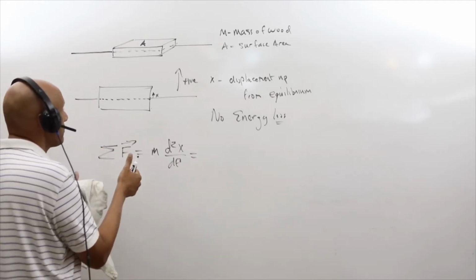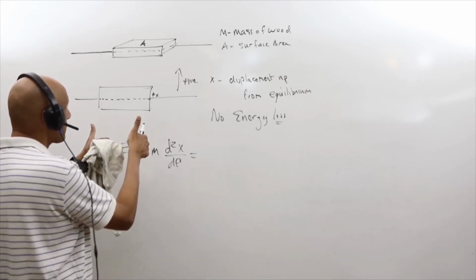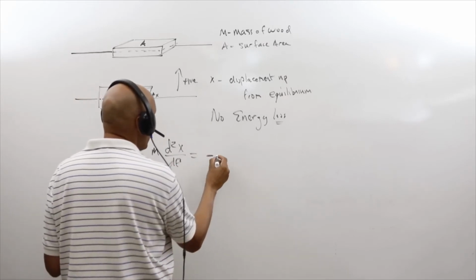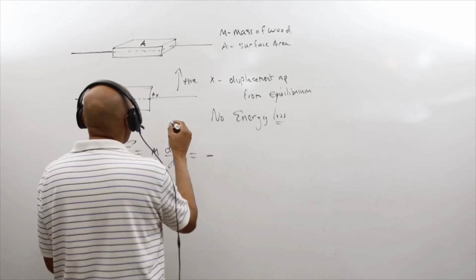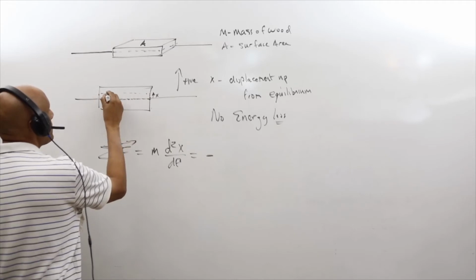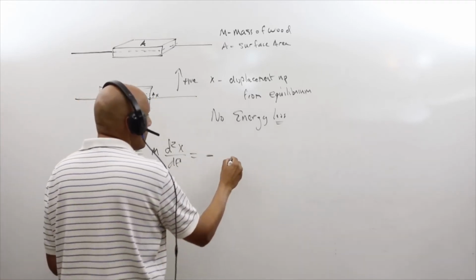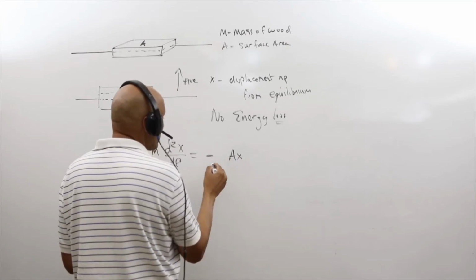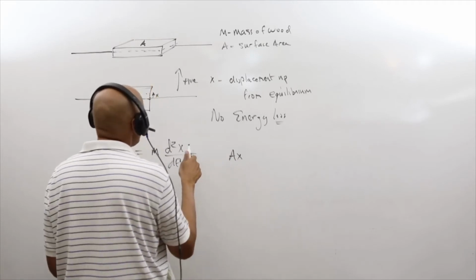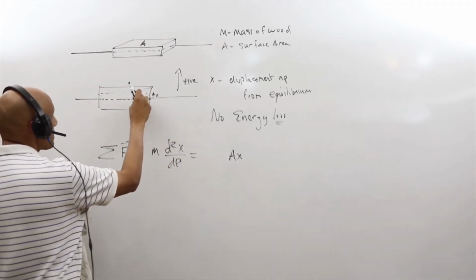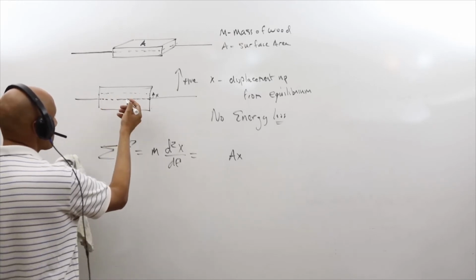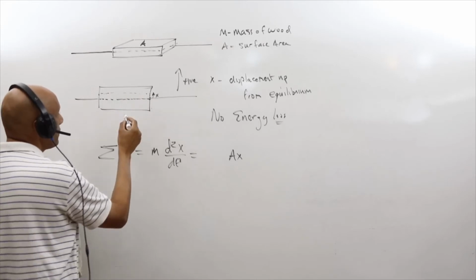So the net effect is if the object moves up by x, then we expect that the force is pulling down. The volume of material that has been removed is area times x. That would be the volume of water that is not being displaced by this material if it goes up.